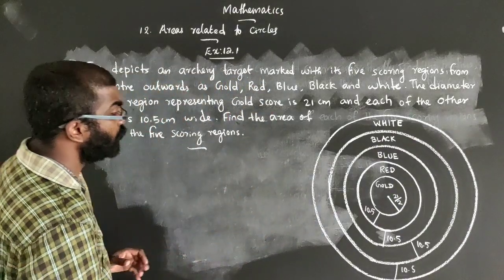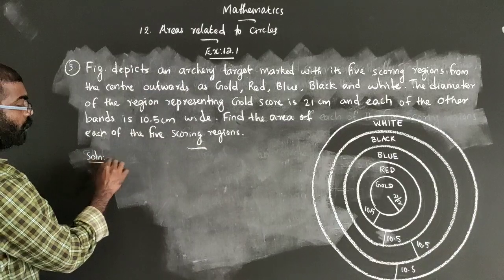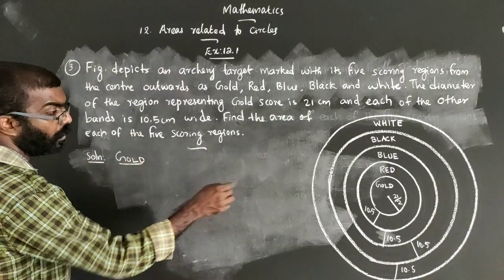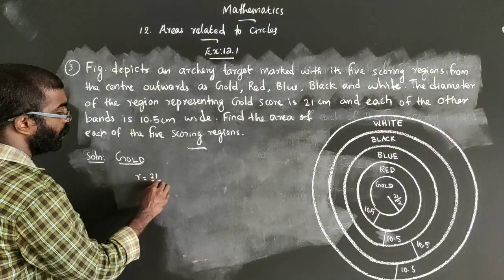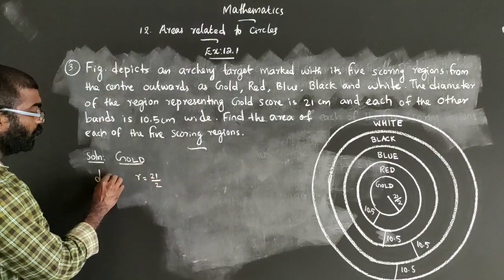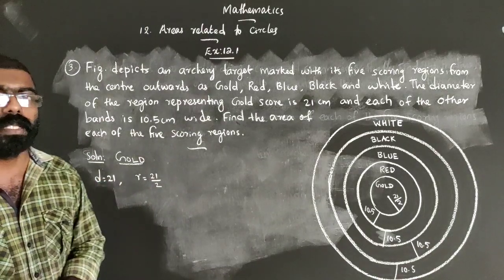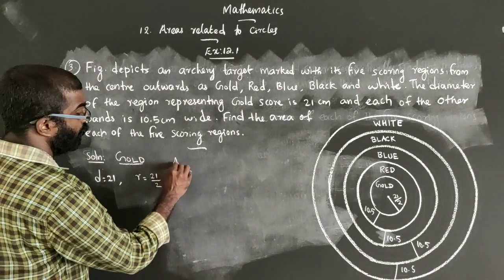First of all, we can consider the first circle. So for the gold scoring region, the radius is 21 by 2 because the diameter is given as 21. Diameter 21, so radius is 21 divided by 2. Now here we can easily find the area.